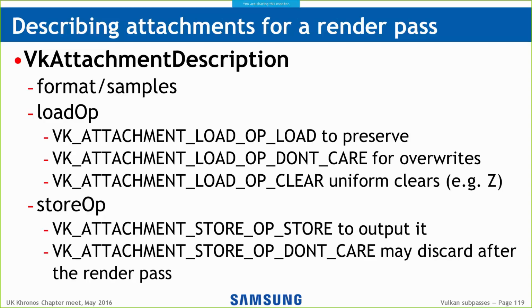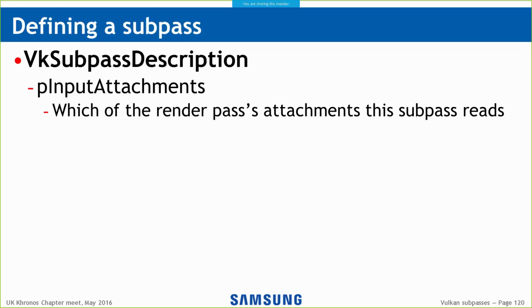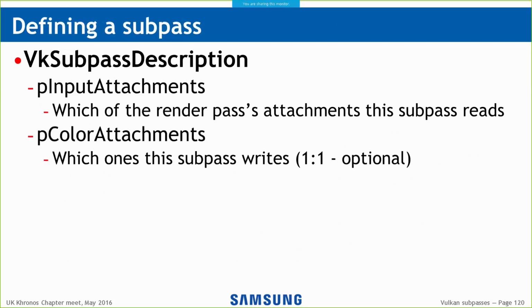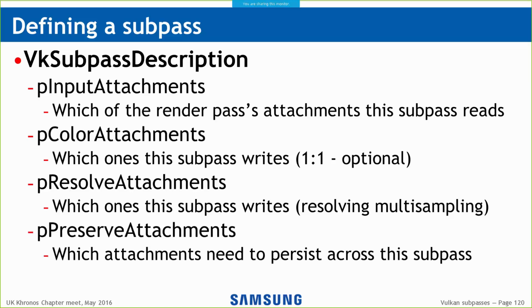The subpasses have a description of the attachments that are associated with that subpass, what they're outputting to, allowing for the fact that they could be handling anti-aliasing, and also the list of the attachments that you're not going to modify during that subpass, so that you can have an attachment that will be preserved for use in the later subpass. There is a diagram coming, I promise.